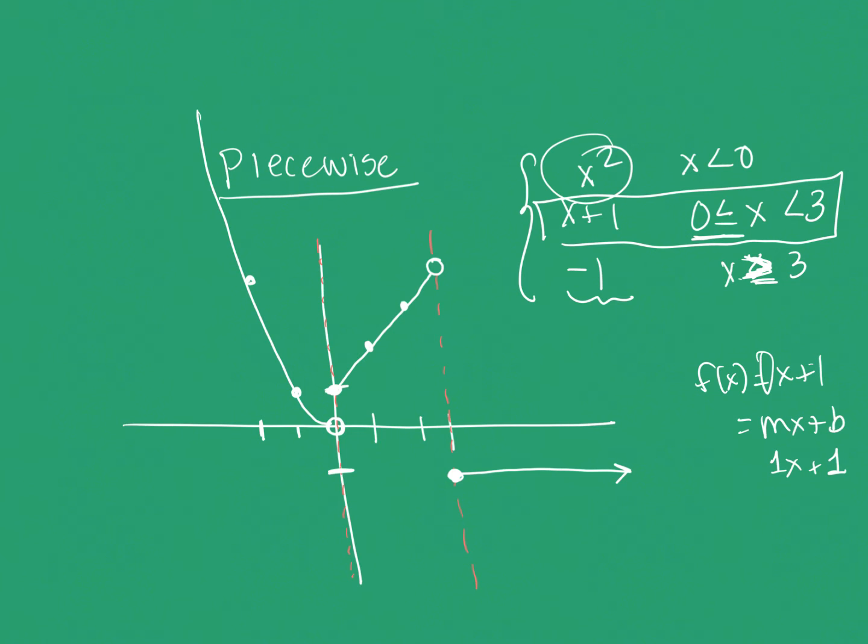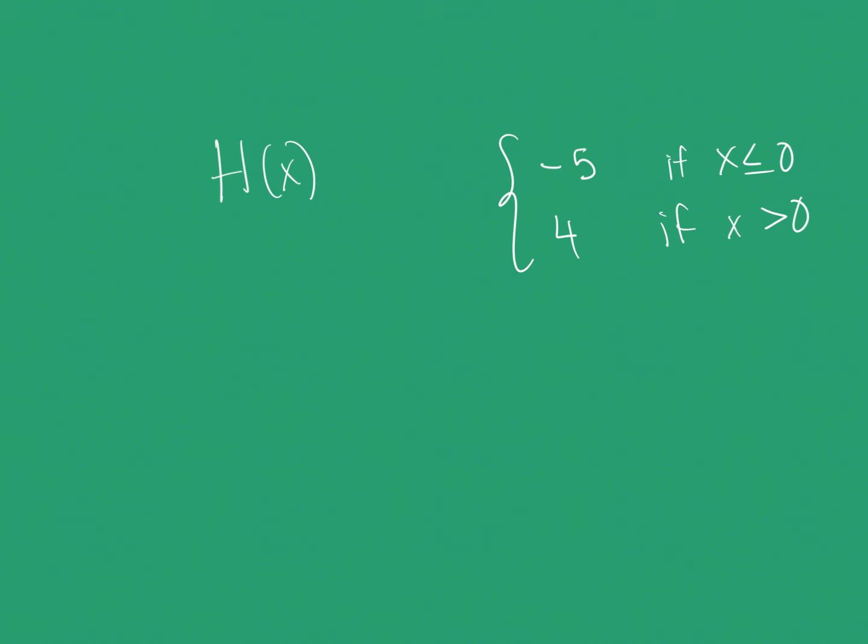Let's take another example of a piecewise function. This one's a nice, fun one because both graphs are pretty easy. You have -5 if x is less than or equal to 0, and 4 if x is greater than 0. Okay, less than or equal to 0 is -5, so I go to -5, 1, 2, 3, 4, 5 on the y.